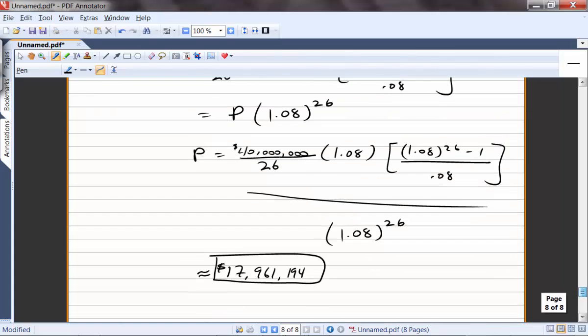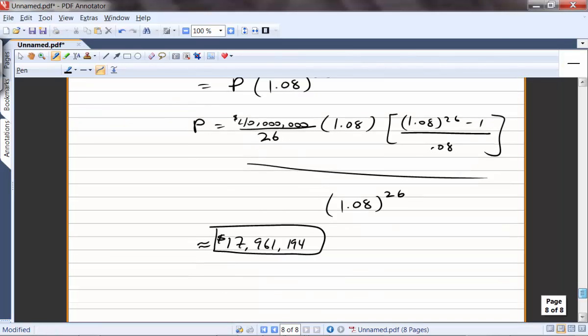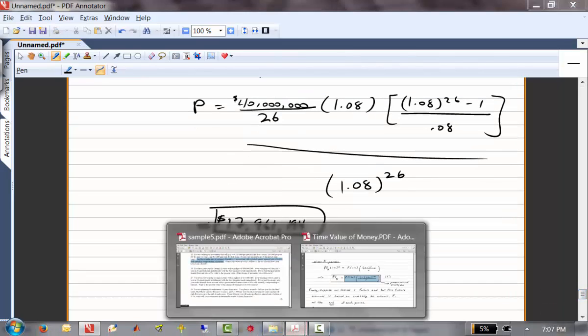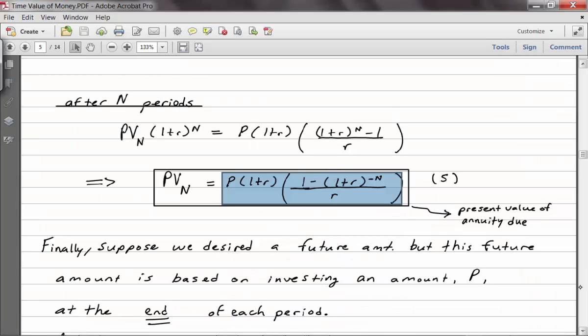Just to show you from lecture notes, we can use that formula. What would this be? This would be the present value of an annuity due. Let's just use the present value of an annuity due formula, and you'll see we get the same thing. Right here, this formula.